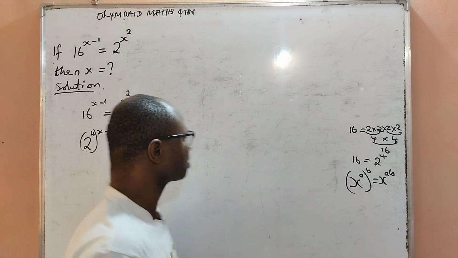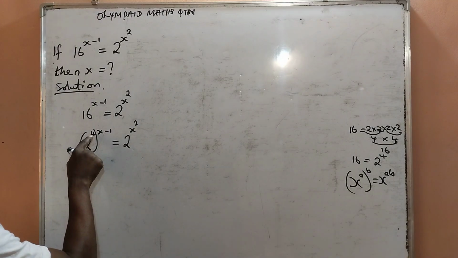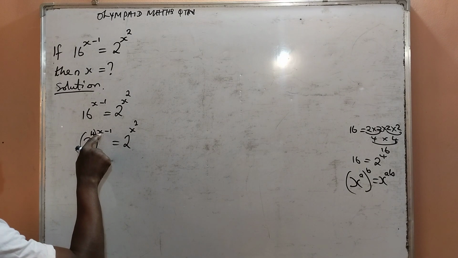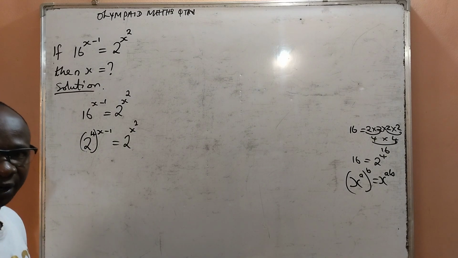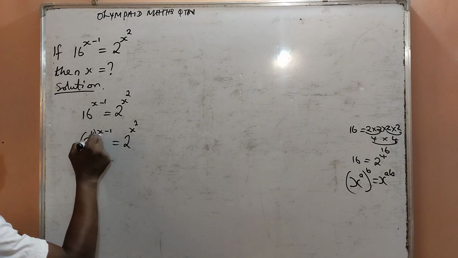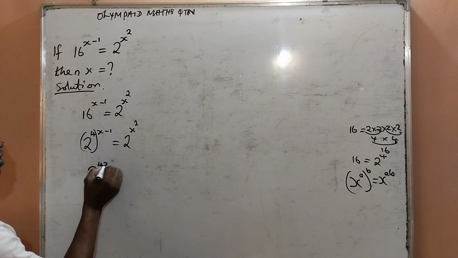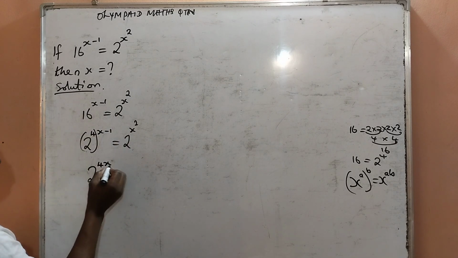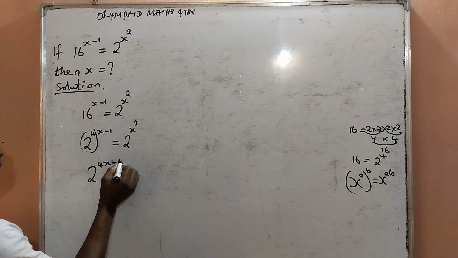What it means is that I'm going to multiply 4 inside the bracket with the expression outside the bracket, which is x minus 1. Doing that, I will have 2 raised to power 4 multiplied by x, which is 4x, and 4 multiplied by minus 1 will give me minus 4.